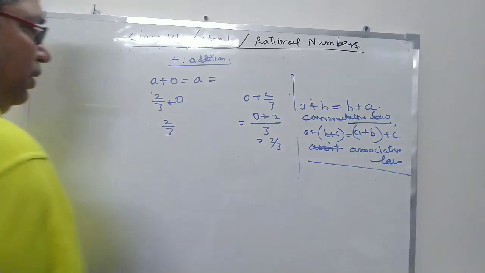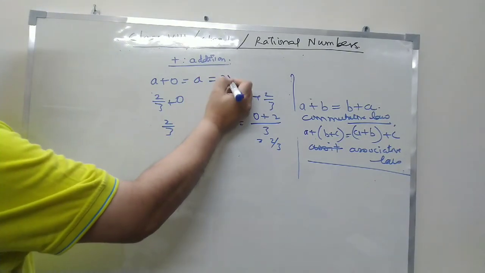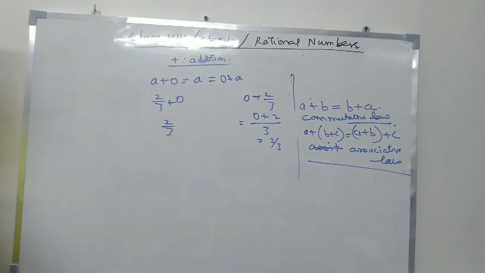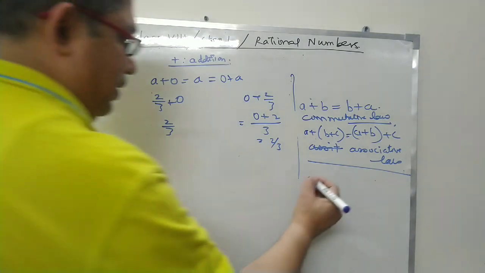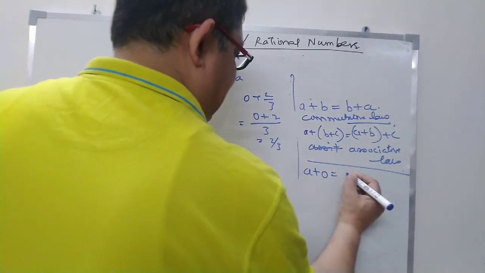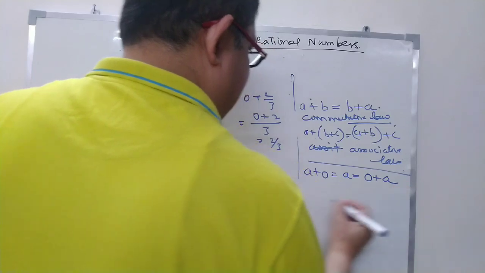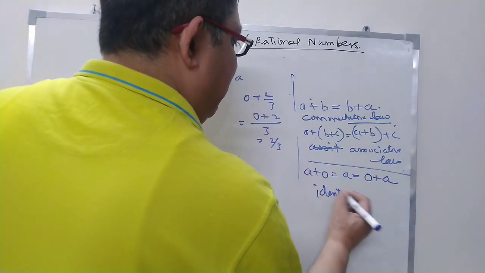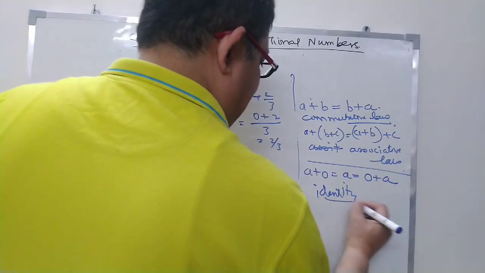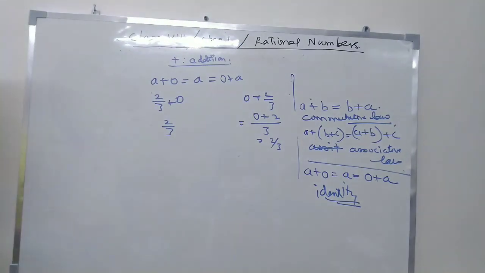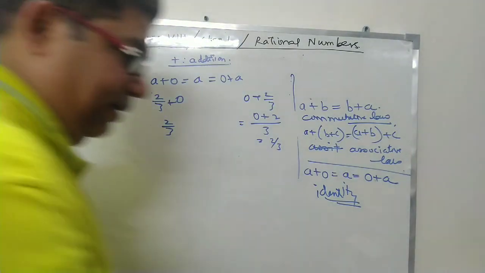So again it becomes 2 by 3. So this is also 0 plus A. So identity also holds. And what is 0? 0 is the additive identity.